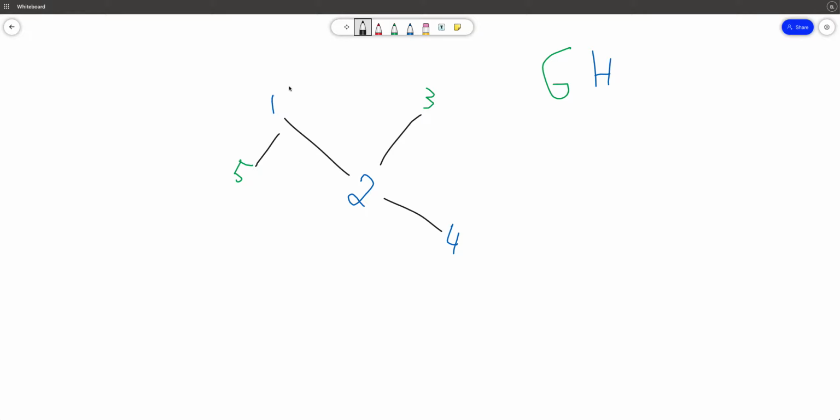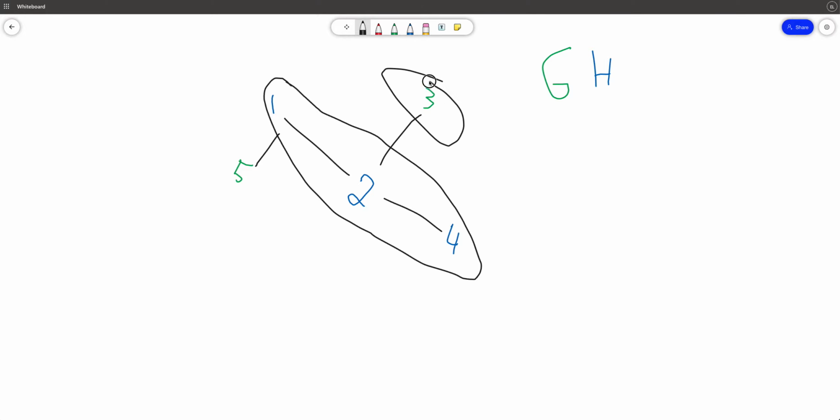Here's an interesting thing to note. In this group right here, if I go from any cow in this group to any other cow in this group, I will only be met with H's. I can't get a G. Similarly, in these two groups, you can only get a G. You can't get an H, although these groups are only of size 1.